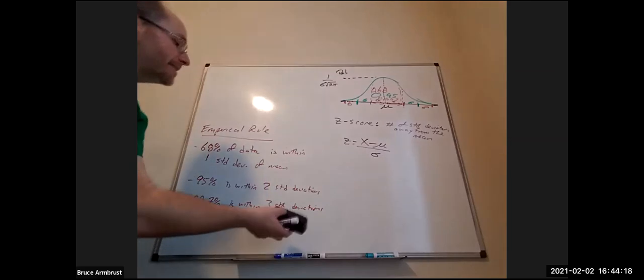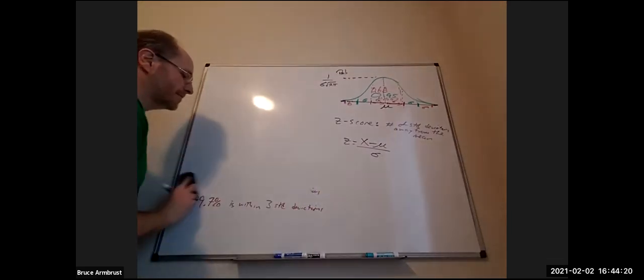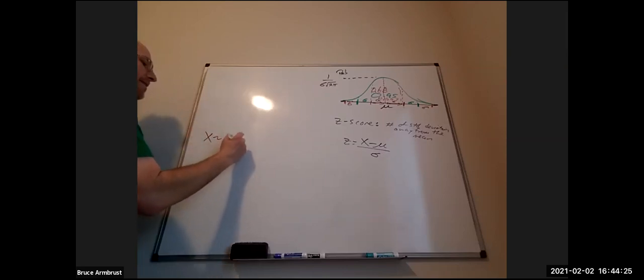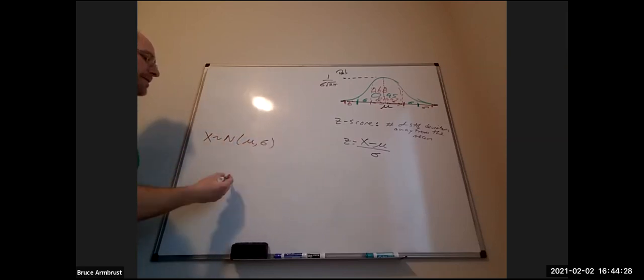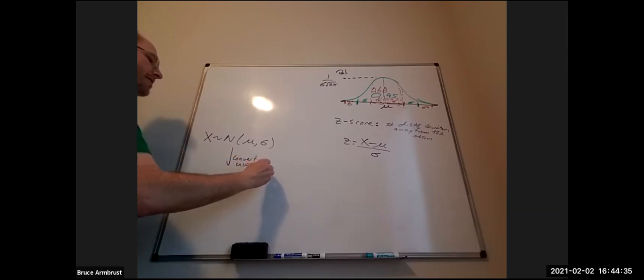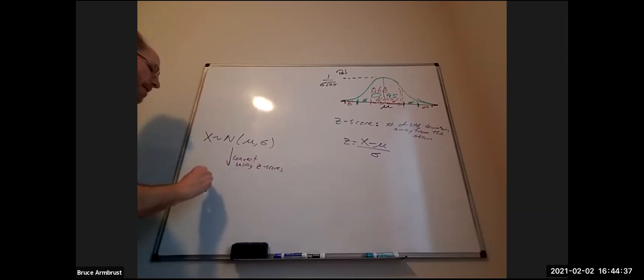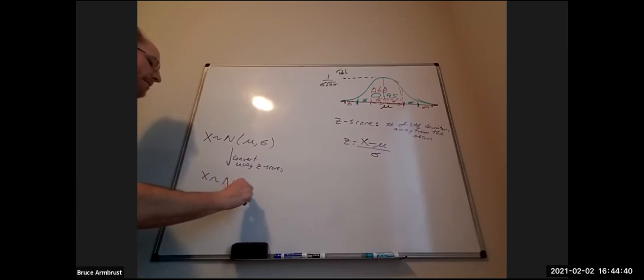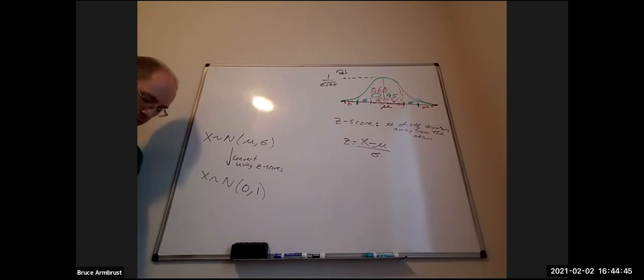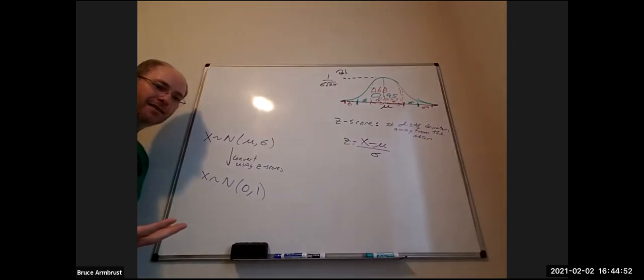So in essence, you can take something that's a normal with mu and sigma, and you can convert it using z-scores into one that's normal with a mean of 0 and a standard deviation of 1. So basically, we've standardized it.